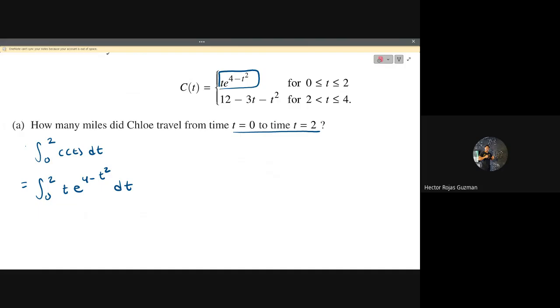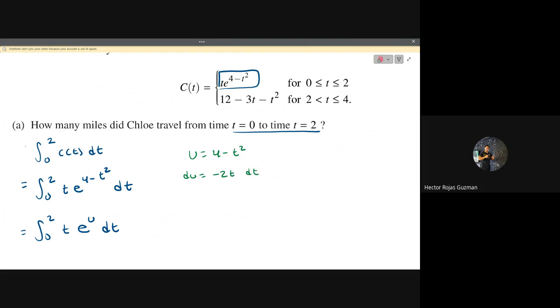Now, in order for me to do this, I'm going to go ahead and do u substitution. I selected u to be 4 minus t squared. So my derivative with respect to t is negative 2t dt.